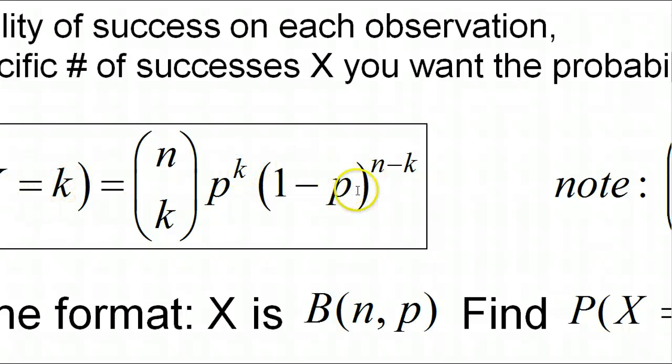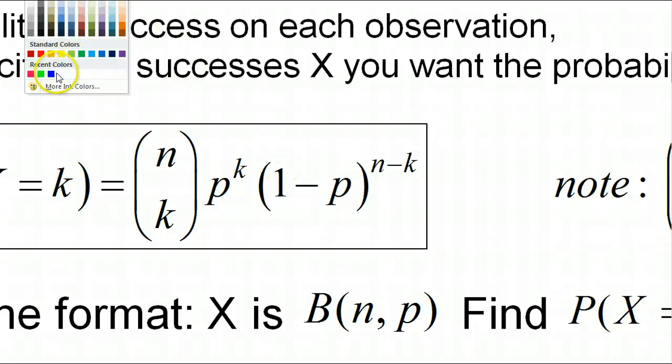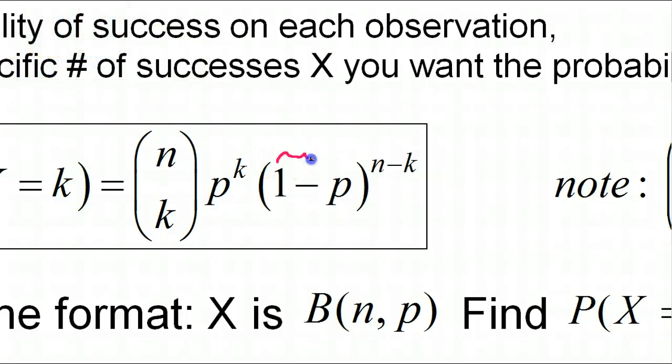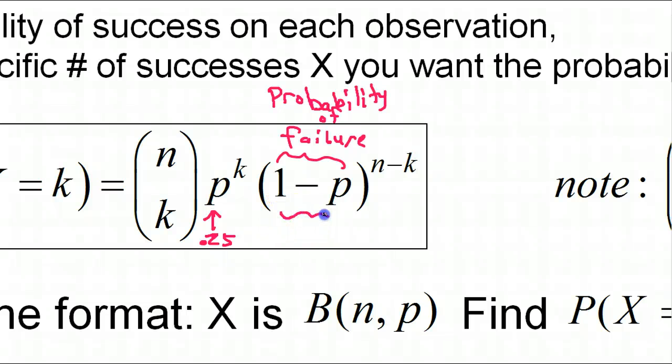And then this part you can think of as the probability of failure. So for example, if the probability of success is 25%, 0.25, then the probability of failure is going to be 0.75. It's the rest of the 100.